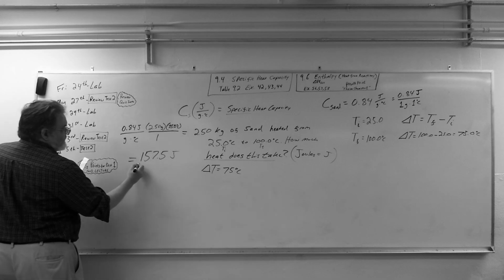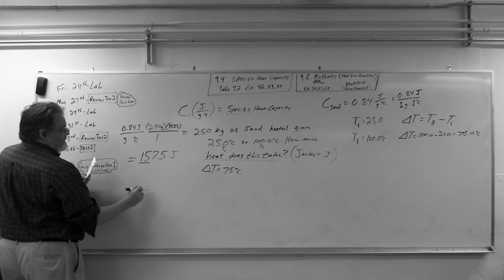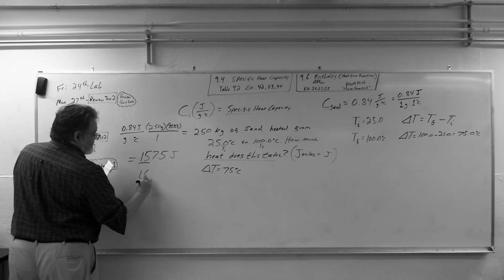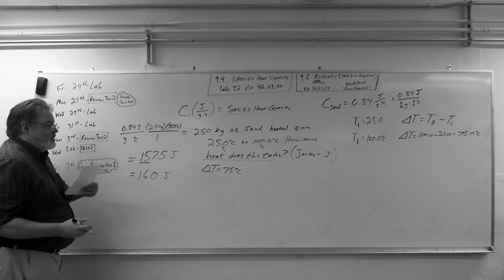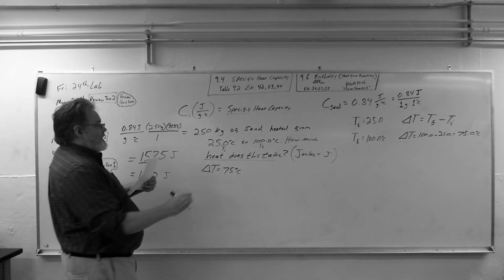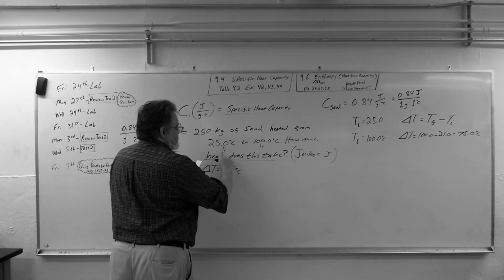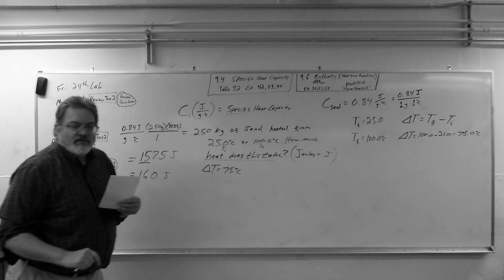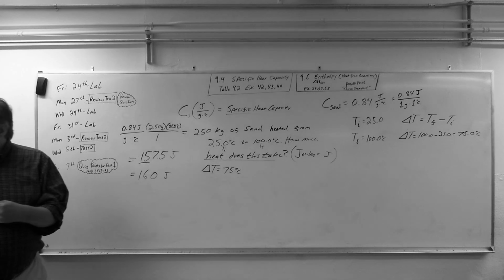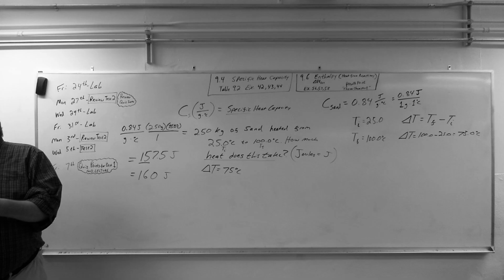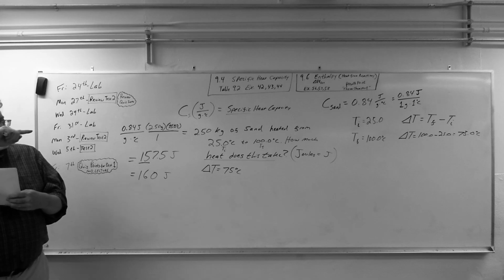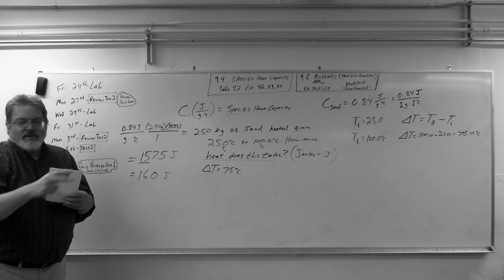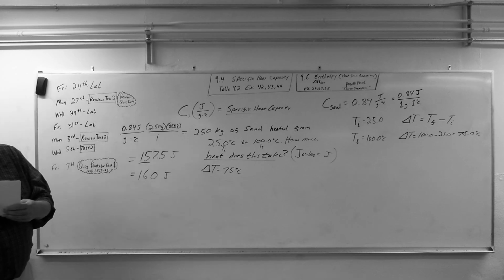I guess I have to stick to two significant figures because of this. 7 rounds to 5, so 160 joules. It takes 160 joules of energy to heat 2.50 grams of sand 75 degrees. You follow that? I think it's the temperature initial and final and the delta T as little extras that make this seem complicated.